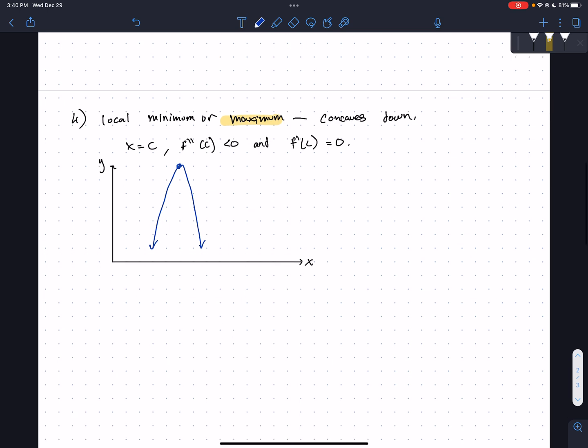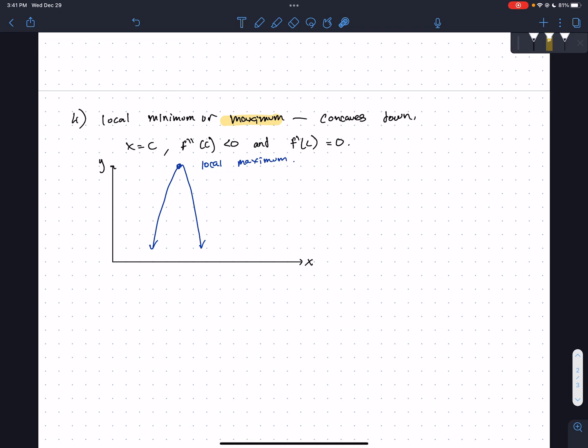So this is going to be a local maximum. It could also be absolute, but most of the time it's only looking for a local maximum because we're looking at it for each critical point, right? So this is an example where the double derivative is less than 0, so it's going to be a local maximum, okay?